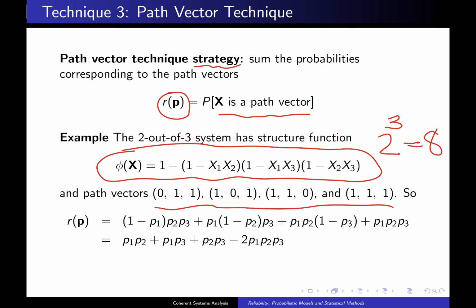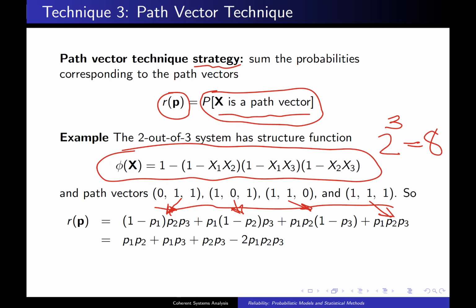So to find out R of P, we want to find the probability x is a path vector, and so we sum the probabilities. 0, 1, 1, the probability of being in that state, is the first term. 1, 0, 1 is the second term. 1, 1, 0 is the third term. And finally 1, 1, 1 is the fourth term.